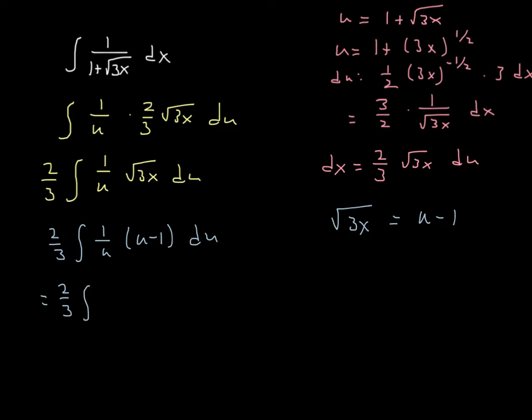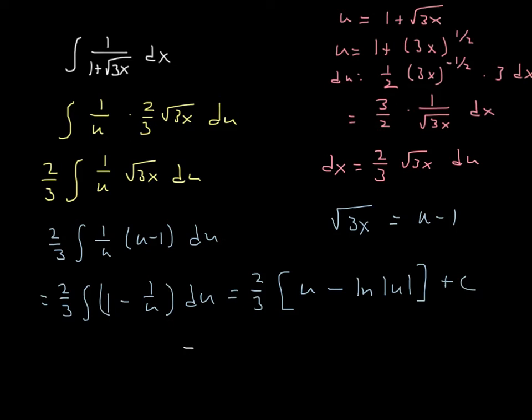When I distribute the 1 over u, I'm going to get 1 minus 1 over u du. And that integral is going to be 2/3 times the integral: 1 is going to be u, minus the natural log of the absolute value of u by the log rule, plus c.